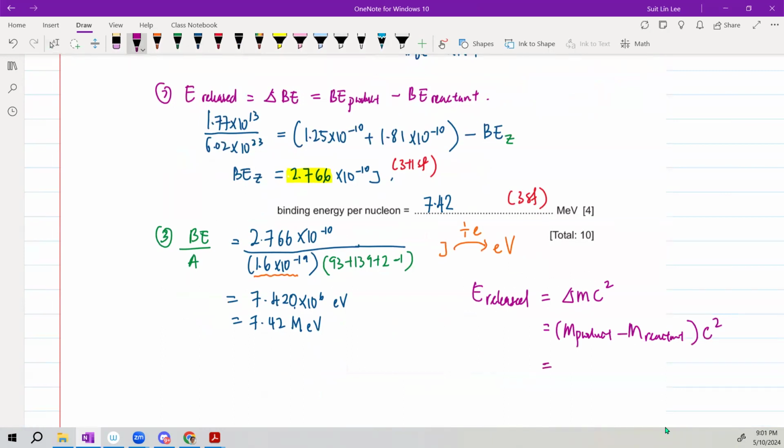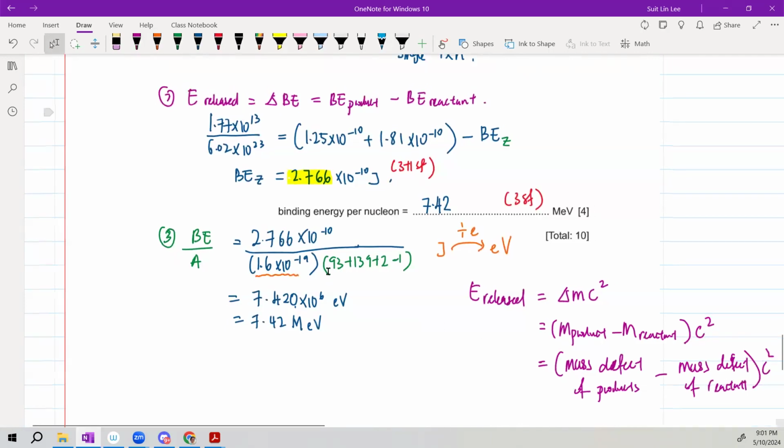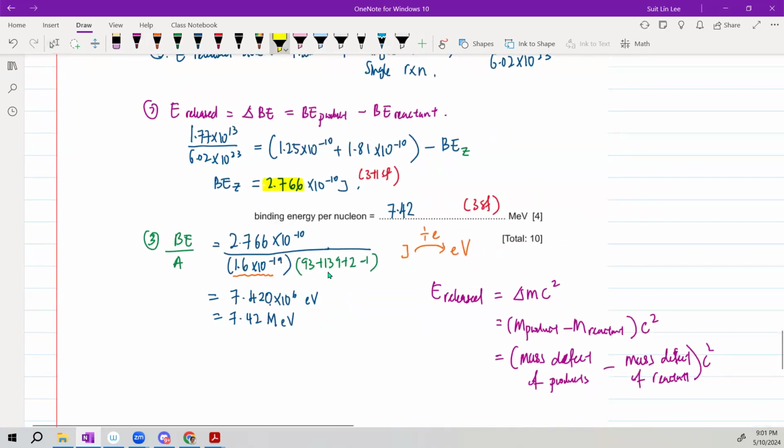Okay. This delta m c square can also be the mass defect of products minus the mass defect of reactants, times c square. So this delta m can look different. The most obvious one is the first one, mass of product minus mass of reactant.